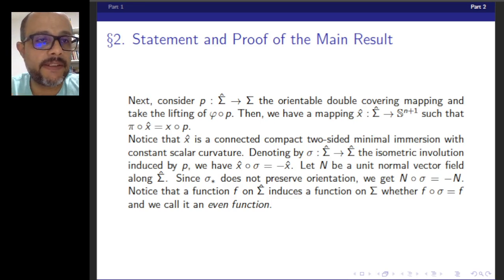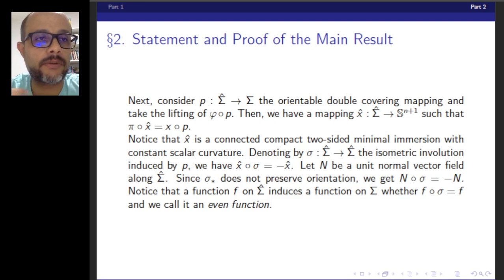Next, denote by sigma the involution associated to the projection to the two cover map P. Okay, an involution is a diffeomorphism in sigma hat that changes the fibers of the map P. Okay, if you compose on the right side with the map X hat, we obtain minus X hat.